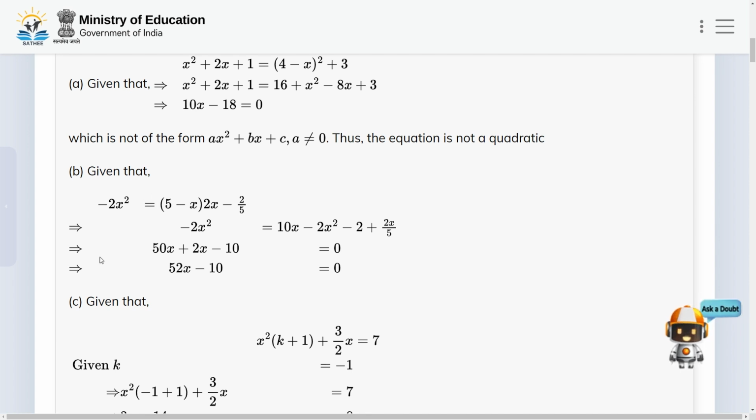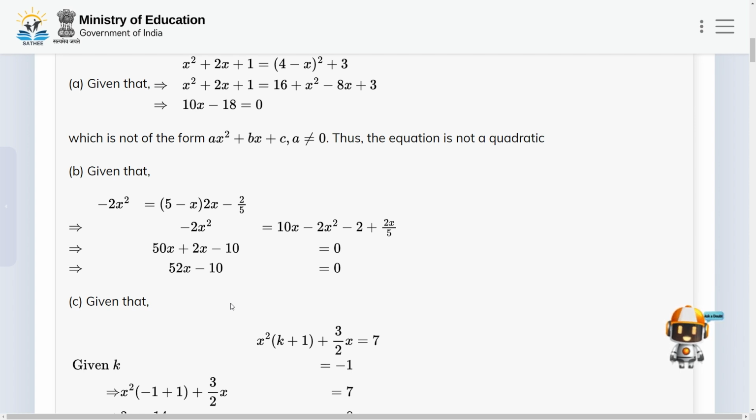It implies 50x plus 2x minus 10 is equal to 0, so 52x minus 10 is equal to 0. This equation is not of the form ax square plus bx plus c equal to 0 where a is not equal to 0, so the equation in option B is not a quadratic equation.